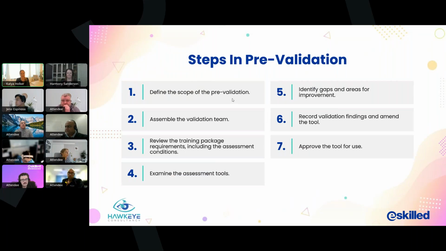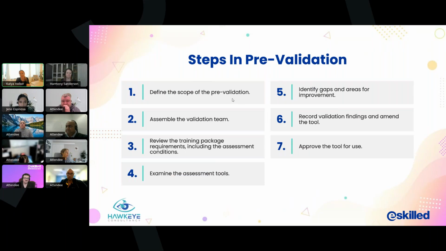And then record validation findings and amend the tool. If you have a validation register or a similar document, I would recommend that you have those listed there. I would also recommend for anyone that already had a validation register that you actually update it to capture that outcome, so that how that outcome has actually informed changes to it. It just gives a clear snapshot in one place to provide to someone in the event that you need it.